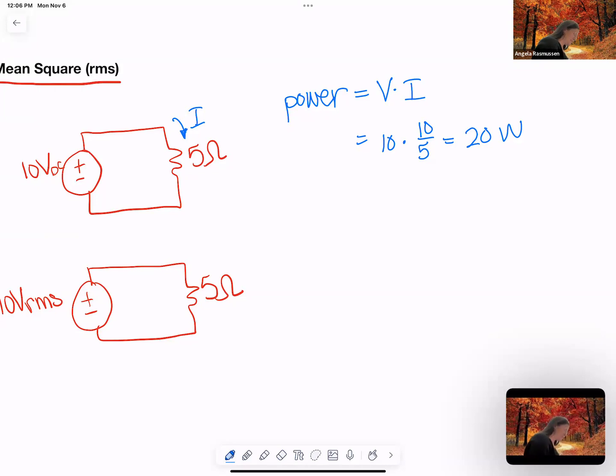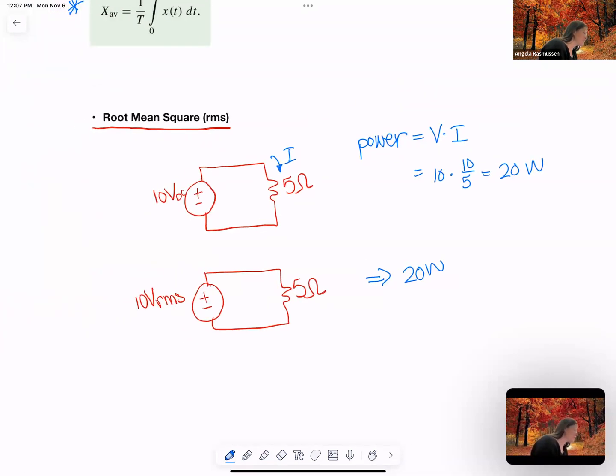Oh, now I lost what I was thinking. Sorry. Okay, I don't remember where I was going with this, but it's the same.